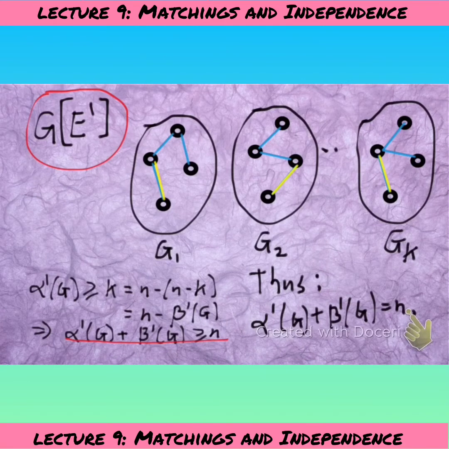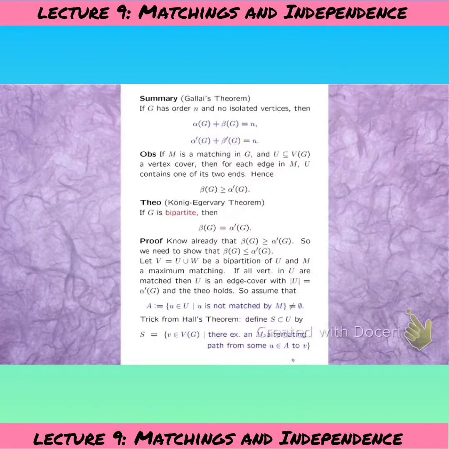So therefore the matching number plus the edge covering number is also equal to n. Okay, so if we make a summary, this is Gallai's theorem. If G is a graph of order n and with no isolated vertices, then the independence number plus the vertex covering number is equal to n, and the matching number plus the edge covering number is equal to n.